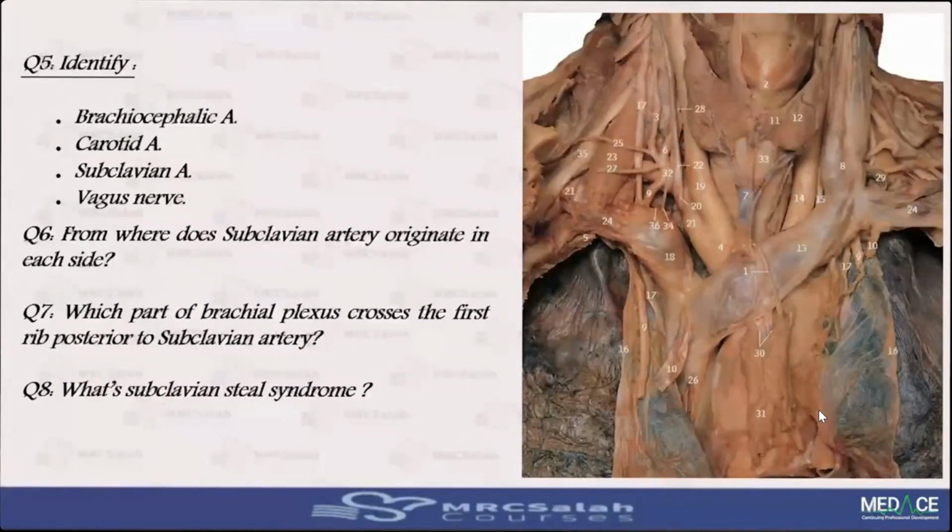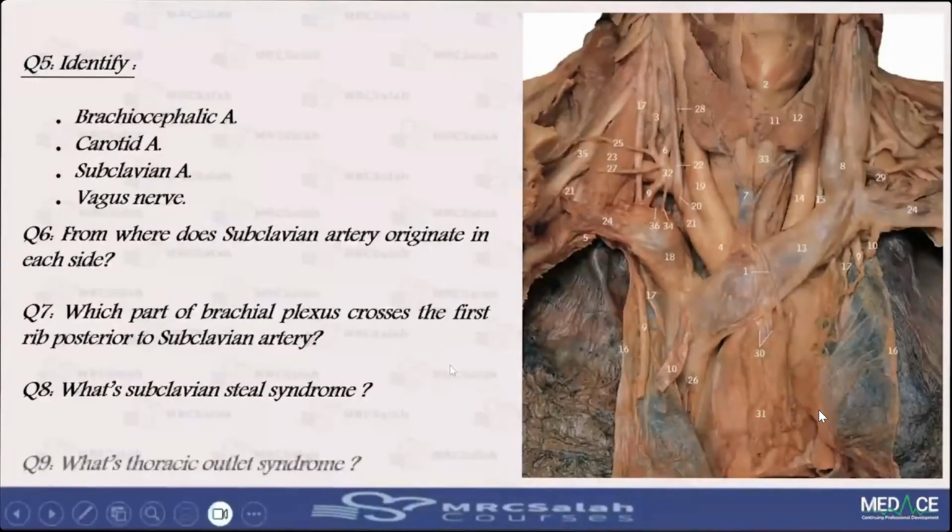It is a neurological syndrome manifested with syncope, dizziness or loss of consciousness when the patient exercises the upper limb. There is a blockage of the subclavian artery proximal to the origin of the vertebral artery, so the blood will be shifted to the upper limb instead of going to the brain, causing shortage of blood supply and that neurological manifestation.